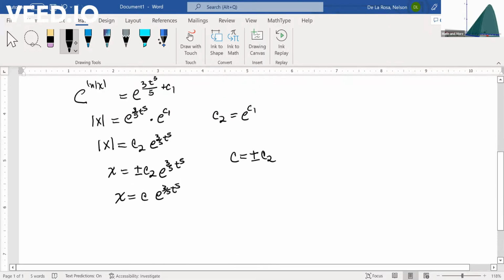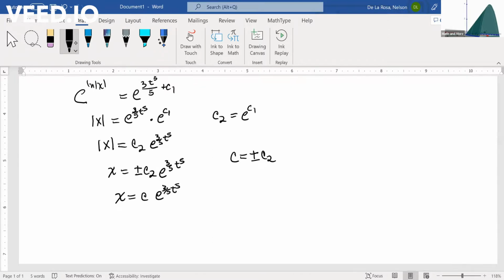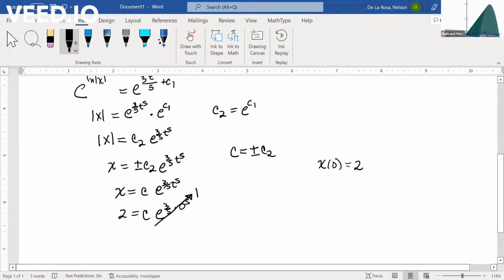So in this particular case, recall the condition x at 0 equals 2, correct? So we have that 2 equals c e to 3/5 times 0 to the 5th. So this term goes to 1. So we have that 2 is equal to c.